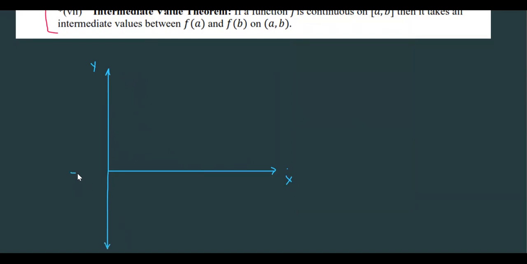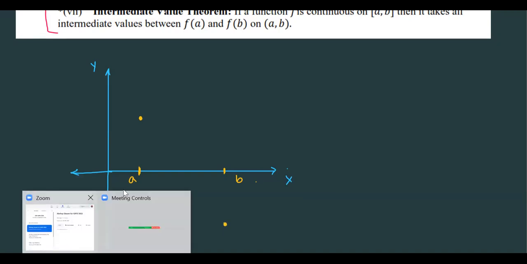So here, you can have a negative sign also. Now, let's say this is the interval A, B, and if f of A is positive, f of B is negative.